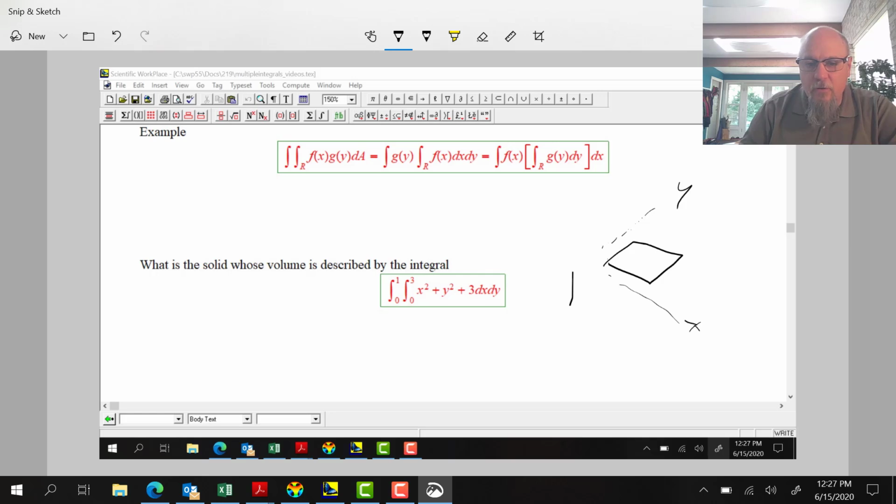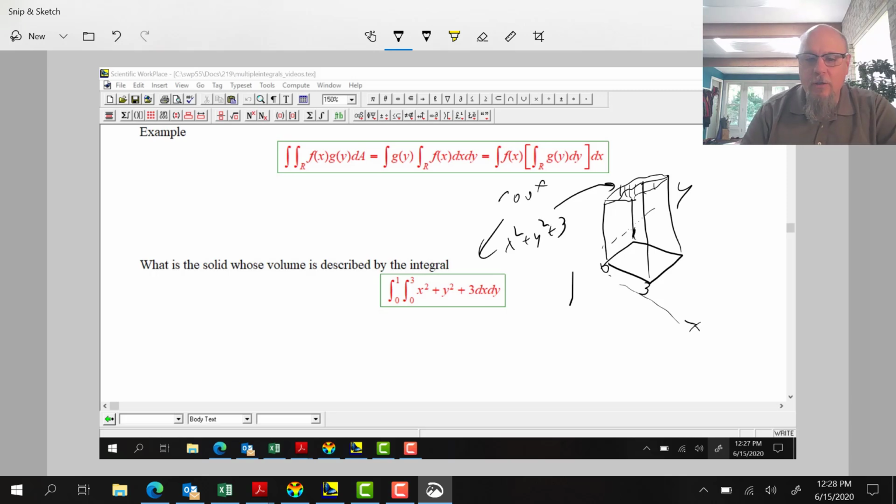So the x goes from 0 to 3. The y goes from 0 to 1. So that's the footprint, and it's some rectangular prism here whose roof, that's terrible, whose roof is given by that function.